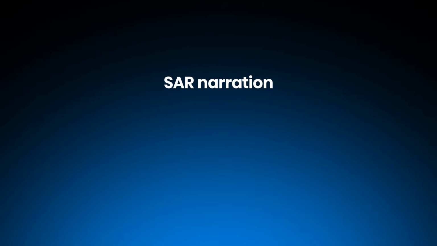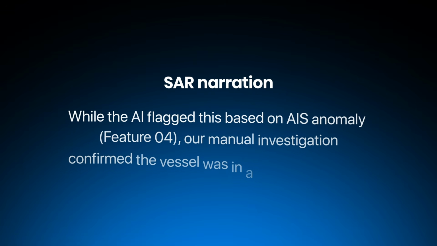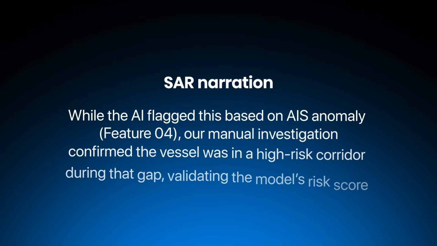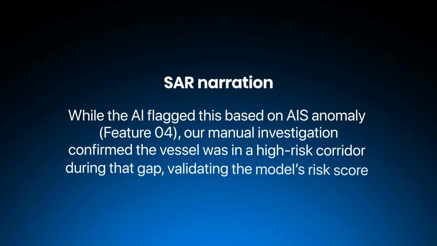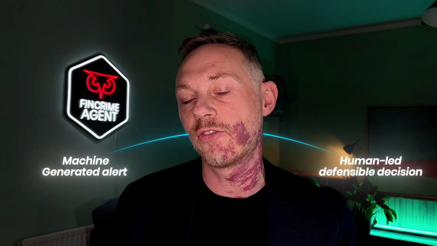Your SAR should read, while the artificial intelligence flagged this based on AIS anomaly, feature 04, our manual investigation confirmed that the vessel was in a high-risk corridor during that specific gap, validating the model risk score. So this is how you would turn a machine-generated alert into a human-led and very defensible decision.